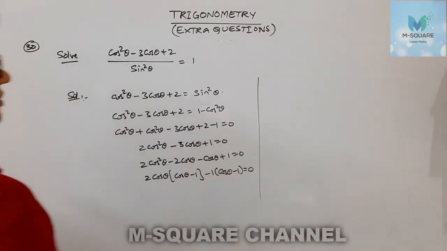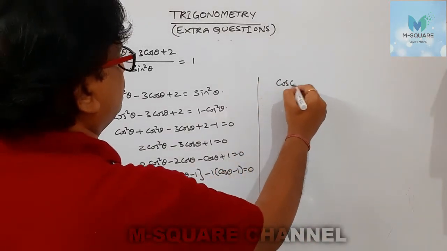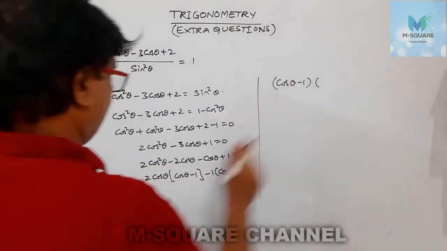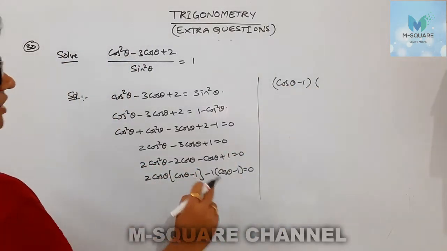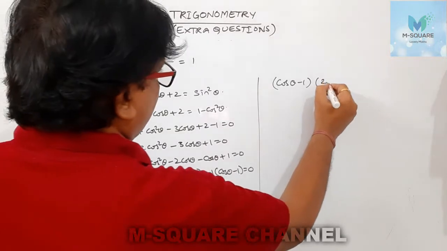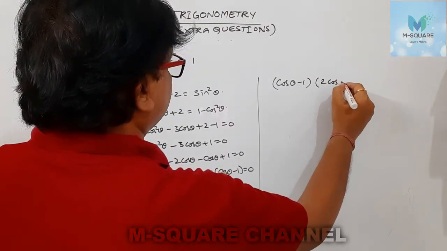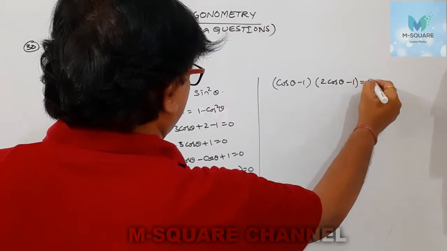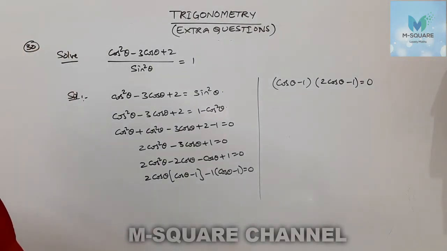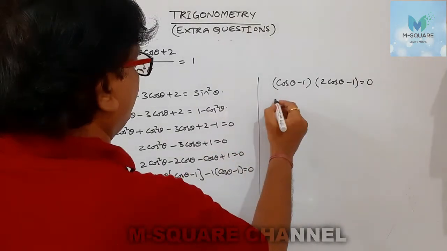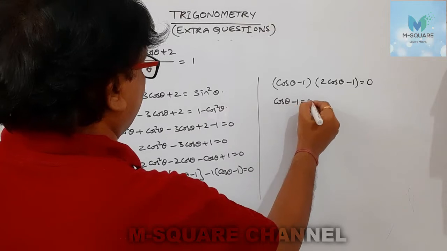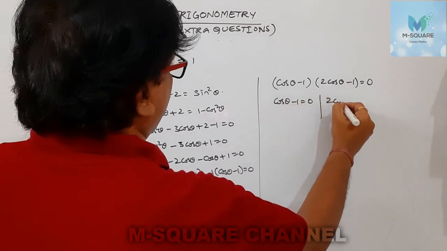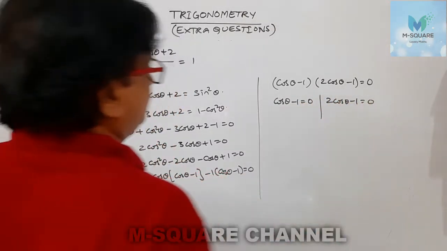So cos theta minus 1 is common, and the remaining parts are 2 cos theta minus 1. 2 cos theta minus 1 equal to 0. So like this it will come. So we are going to take cos theta minus 1 equal to 0 and 2 cos theta minus 1 equal to 0.